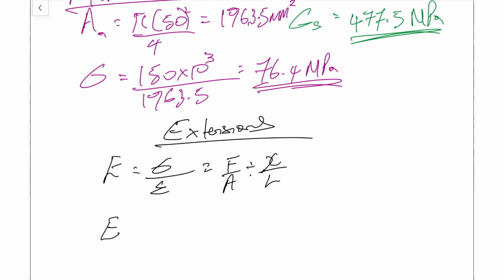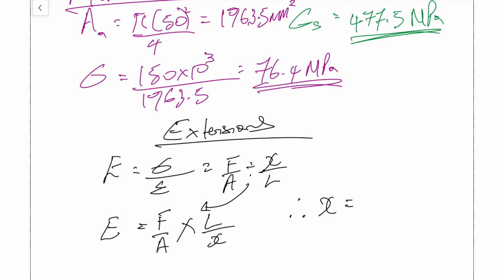So what we end up with, if we tidy this up, is force divided by area, and if we change our division sign to a times, we end up with our original length divided by our extension. We know that it's the extension that we're trying to find. So all we have to do now is rearrange this so we get the extension as the subject.